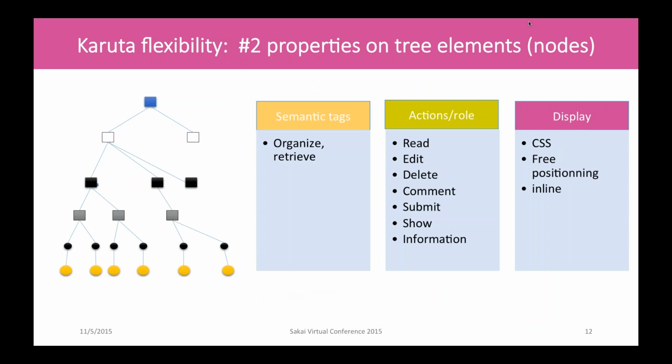Properties can be performed on these tree elements or nodes. We can use semantic tags to organize and retrieve content. Different roles can perform different actions of reading, editing, deleting, commenting, submitting, showing, and informing. And displays can be modulated via CSS or in free positioning items or using inline forms.